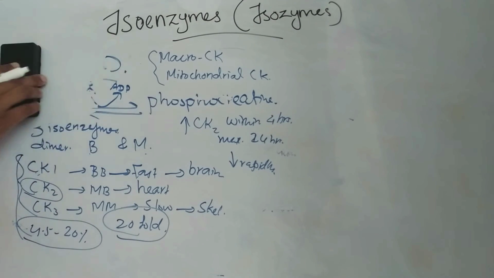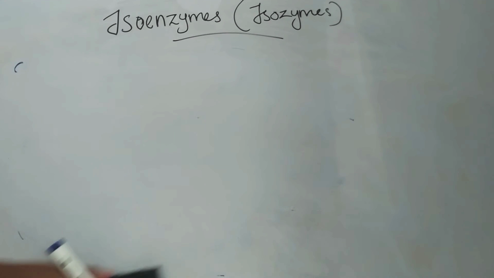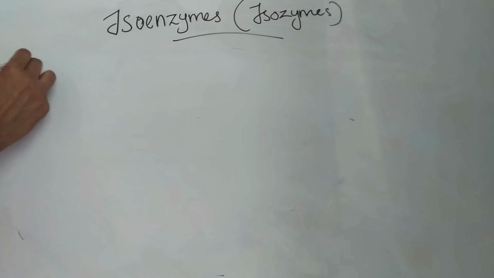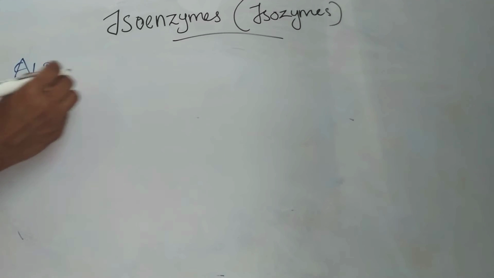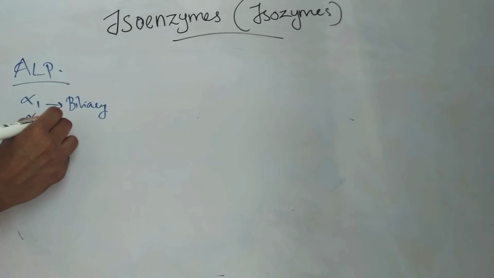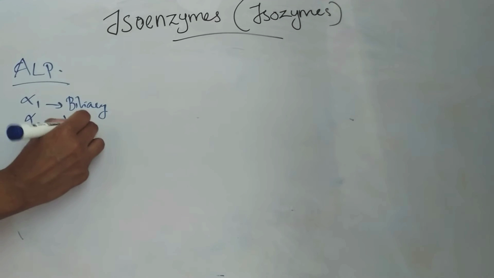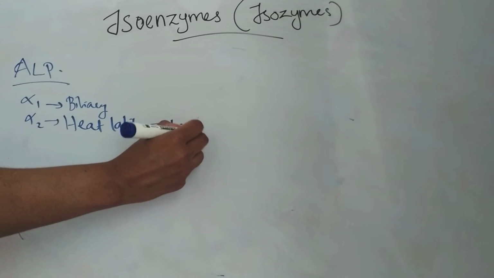So, next one is ALP, that is alkaline phosphatase. Mainly 6 isoenzymes are there. Alpha 1 is seen in biliary. Then alpha 2 heat labile, it is found in liver.